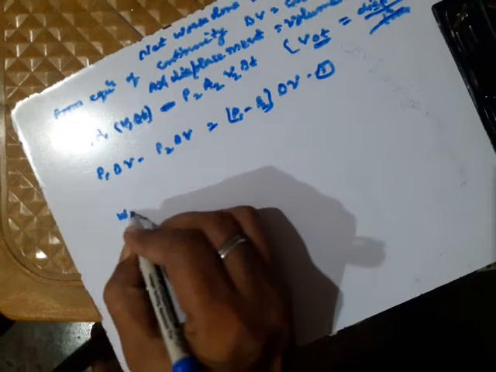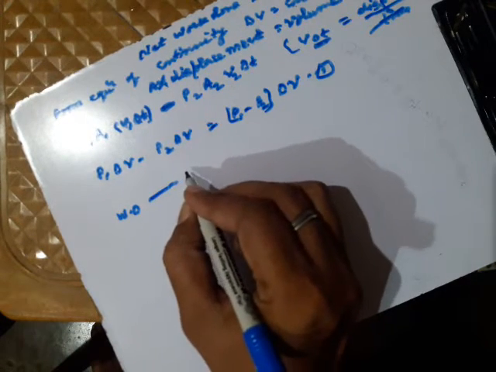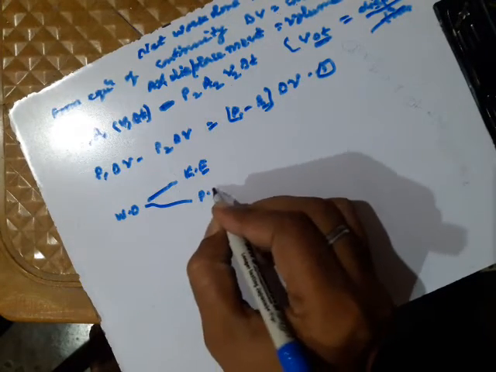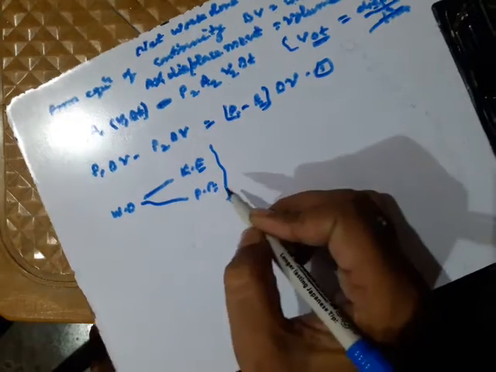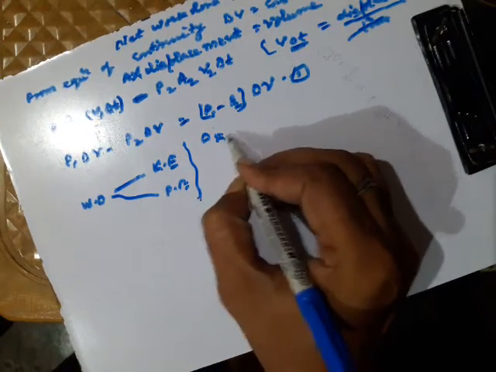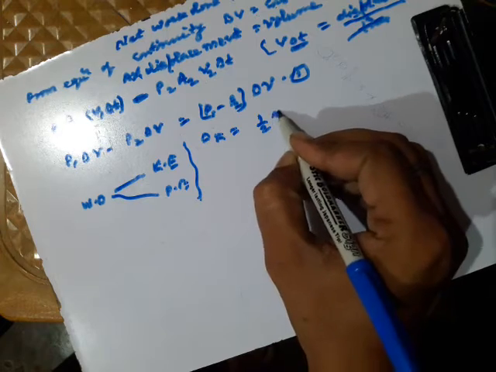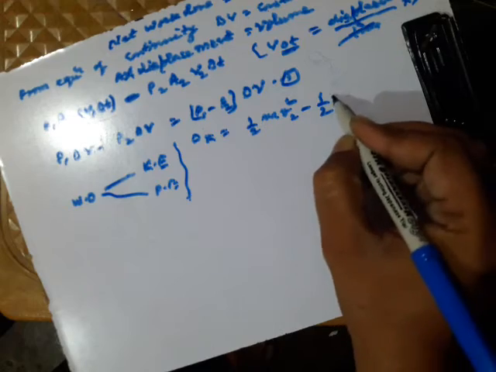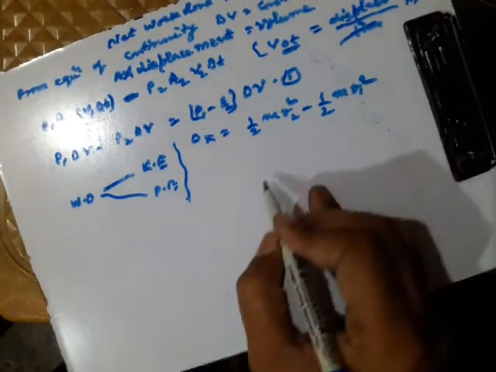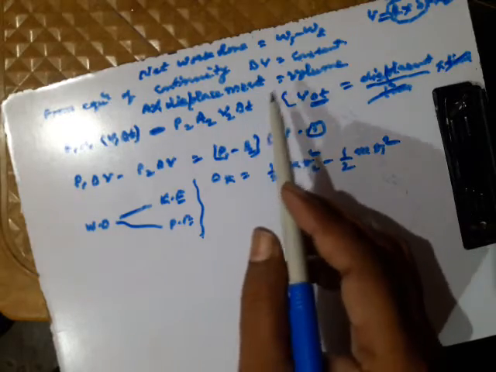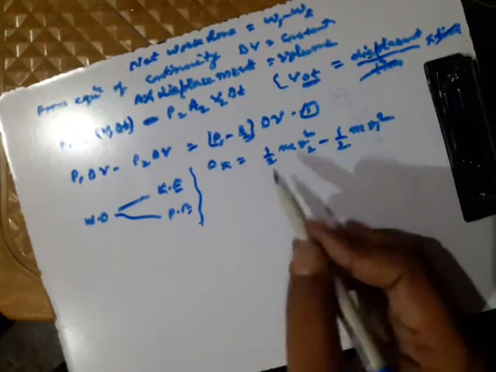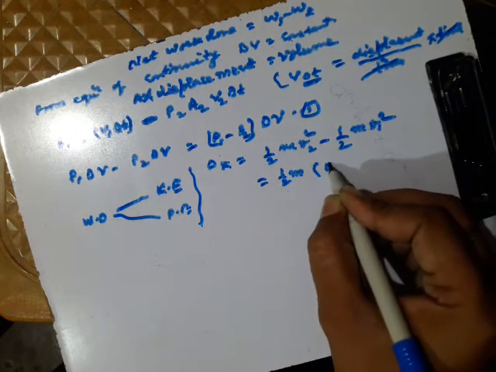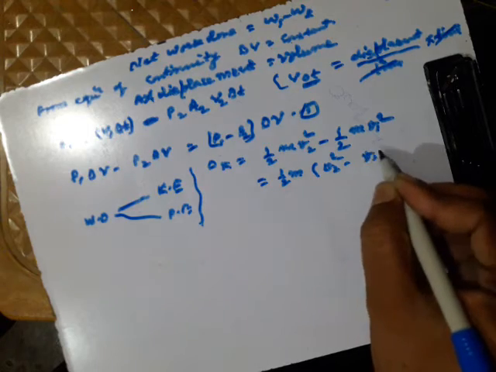Now the work done is in the form of kinetic energy and also potential energy. You know delta K is equal to half m v2 square minus half m v1 square. Taking half m common: half m (v2 square minus v1 square).